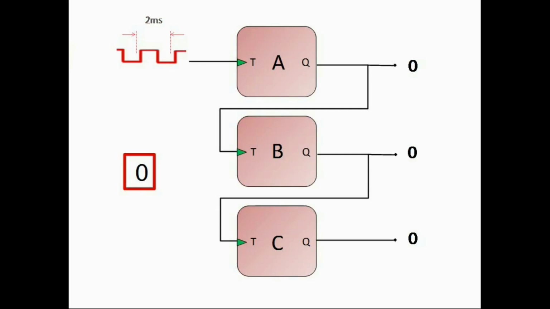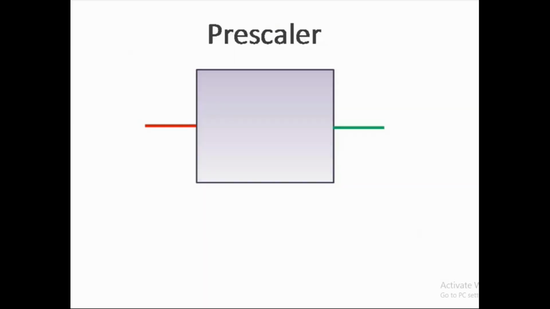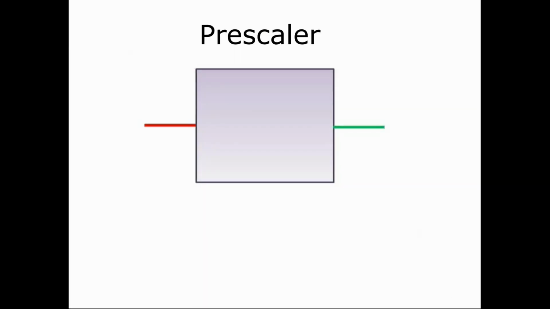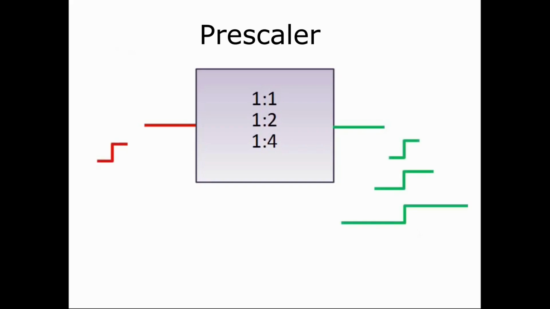No. We make use of something called a prescaler. A prescaler is a digital circuit again that can divide the incoming clock by a fixed ratio that we control in software. If we inserted a prescaler that can divide the clock feeding the counter by either 1, 2, or 4 like this, note that we're dividing the frequency, so technically we're multiplying the period of the clock.